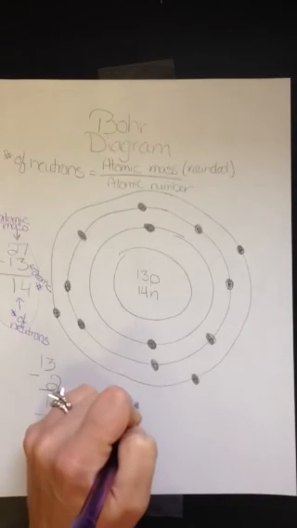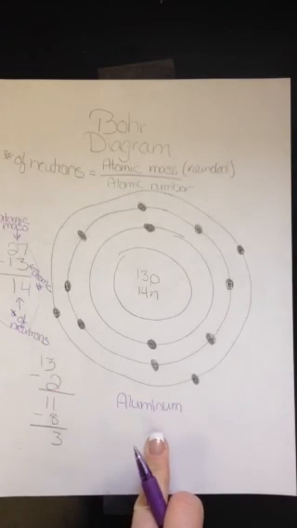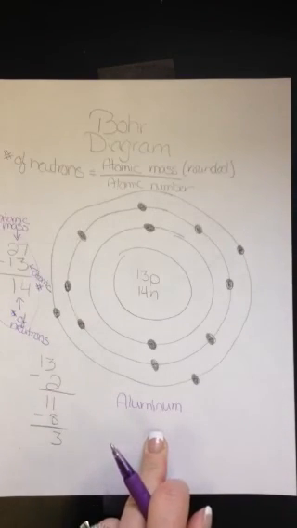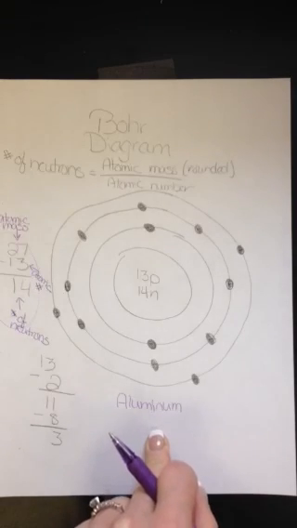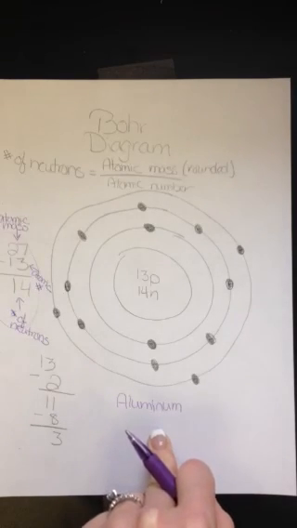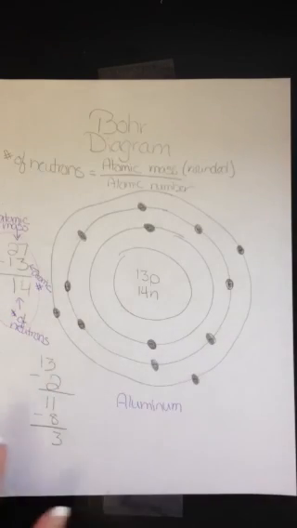Right, and we did aluminum. So what I want you to do is to create a Bohr diagram for chlorine and bring it with you to class tomorrow, because we're going to look at them and see how they came out.